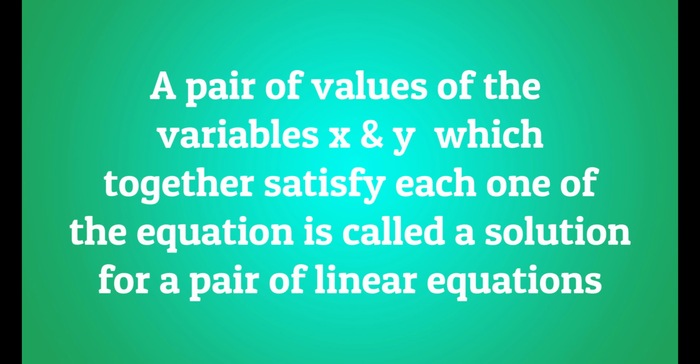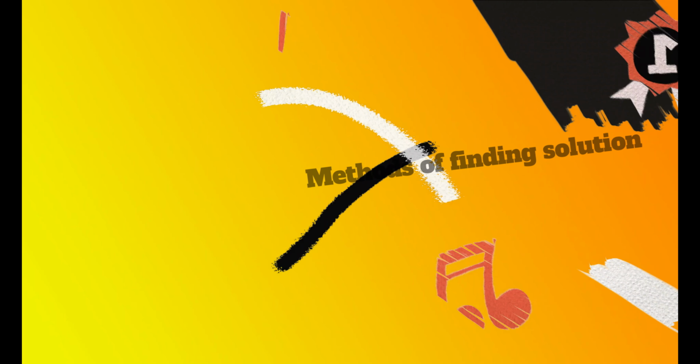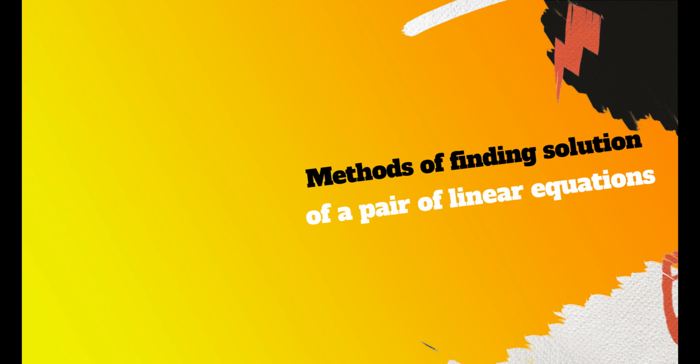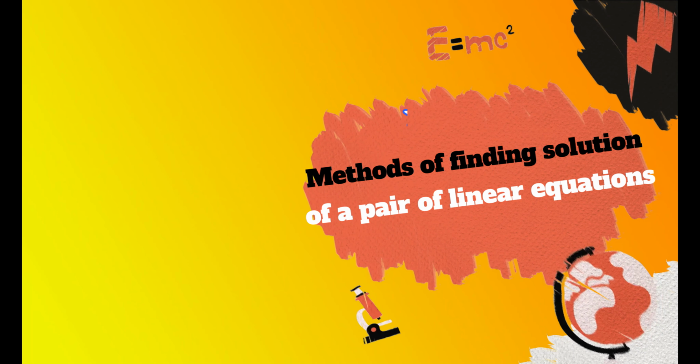A pair of the values of the variables x and y which together satisfy each one of the equations is called a solution for a pair of linear equations. Now, methods of finding solutions for the pair of linear equations in two variables. There are two methods for finding solutions.